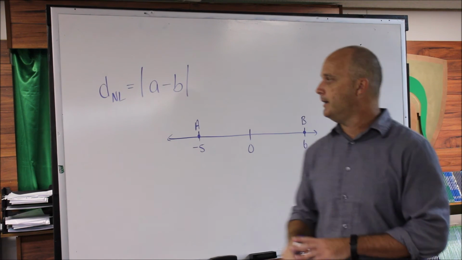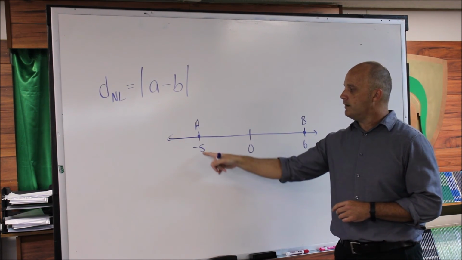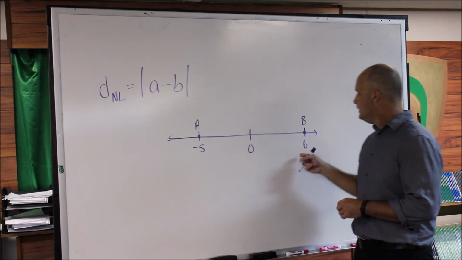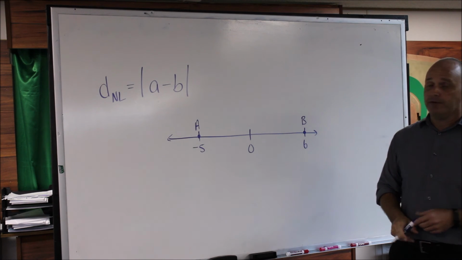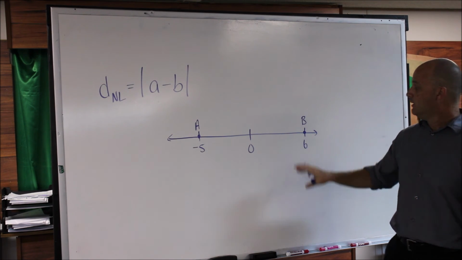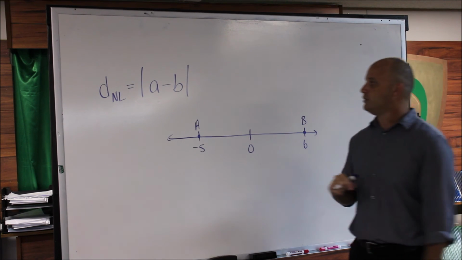In this problem, we've got a coordinate of -5, that's our a value, and then we've got a coordinate of 6, which is our b. So all we're going to do to figure out what is the distance between these two is take these two coordinates and plug them into our equation.